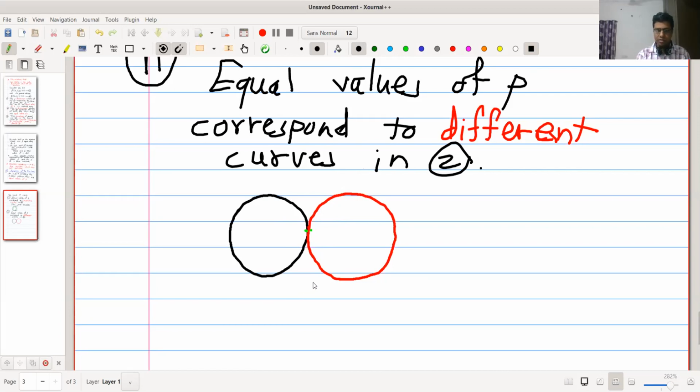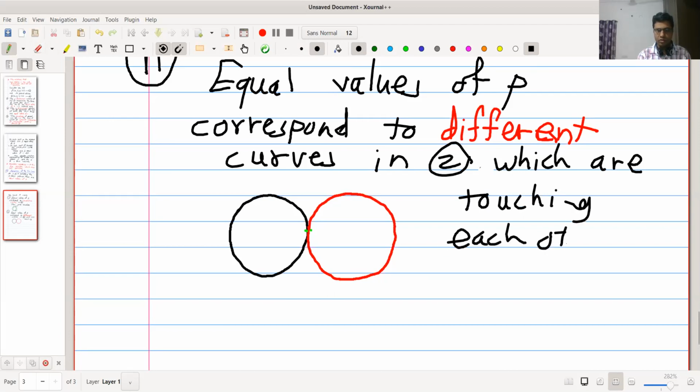These are equal values of p correspond to different curves in 2 which are touching each other. In both the cases we will have repeated values of p.